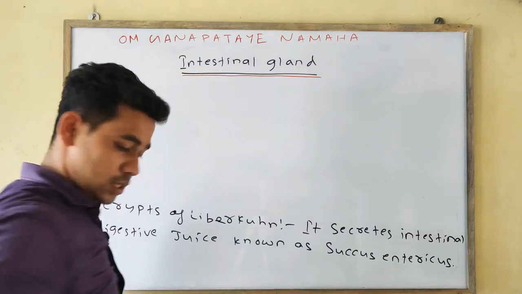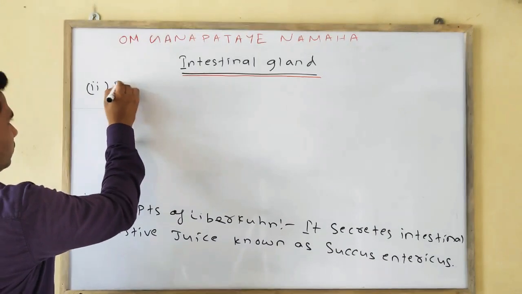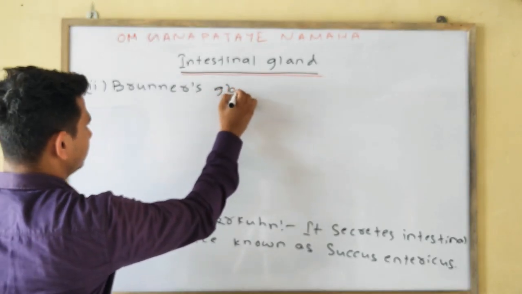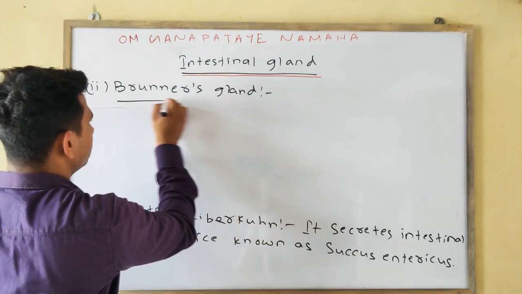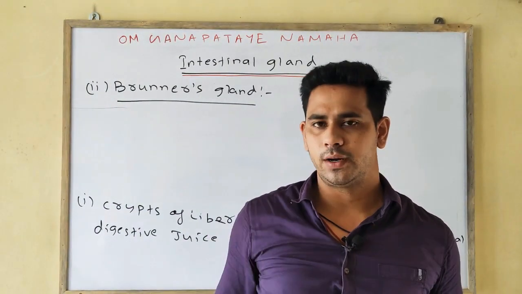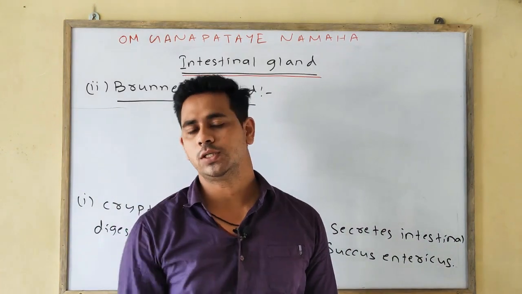Next, we'll discuss the Brunner's gland. Brunner's gland is only found in the duodenum region and is located in the submucosa region.